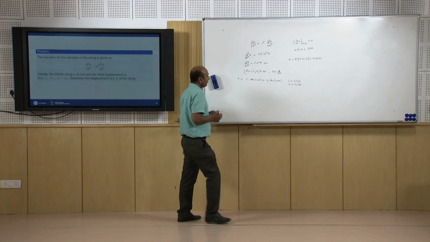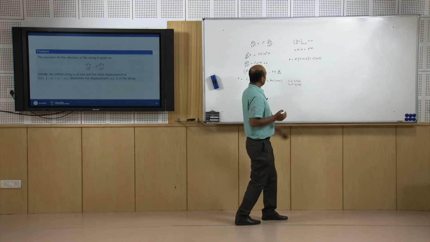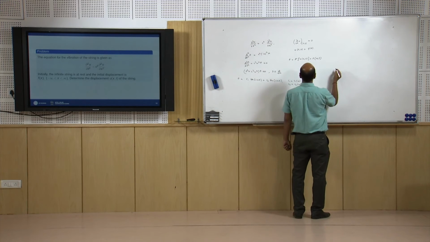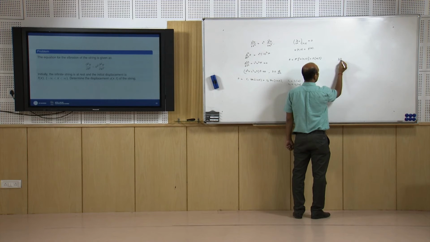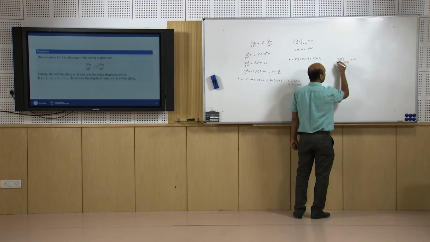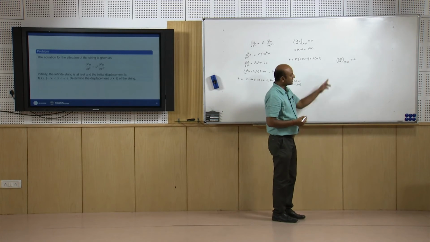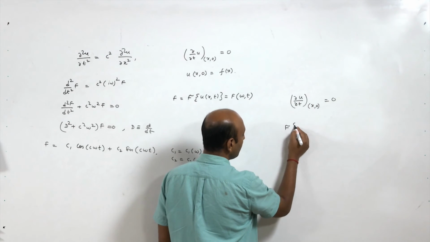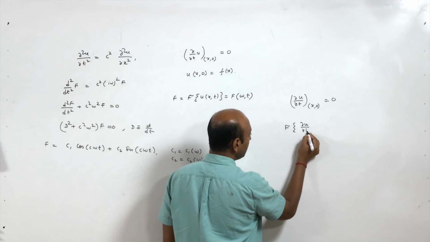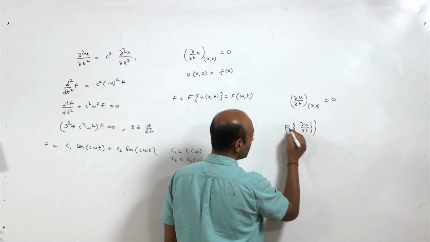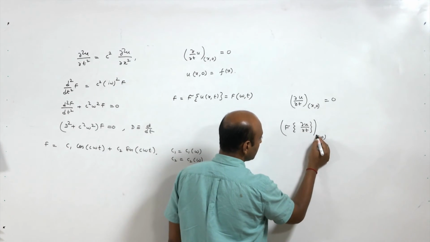Okay. Now, we will apply these conditions. The first condition is ∂u/∂t at (x, 0) is 0. When you take the Fourier transform of both sides of this expression, we obtain the Fourier transform of ∂u/∂t at (x, 0) is 0.